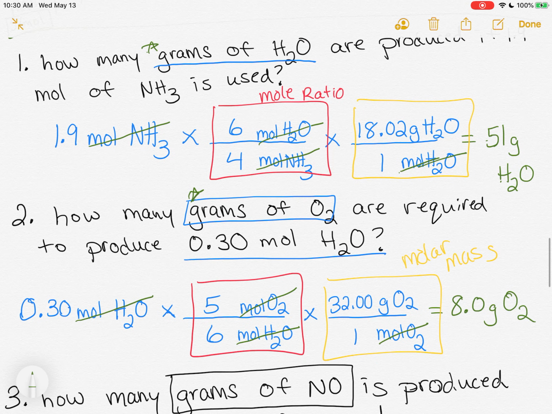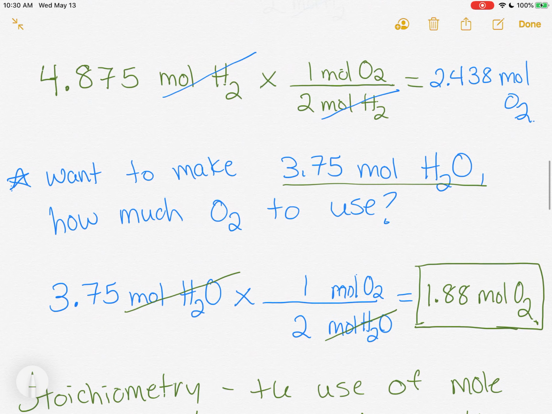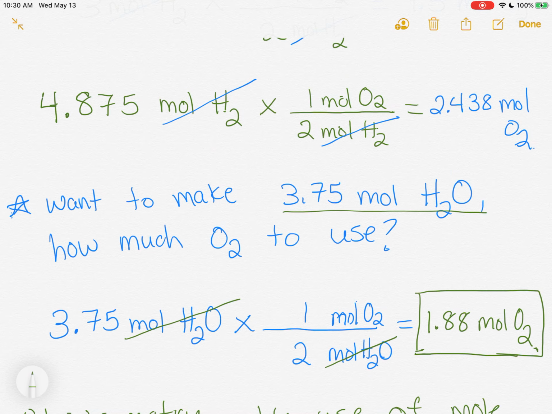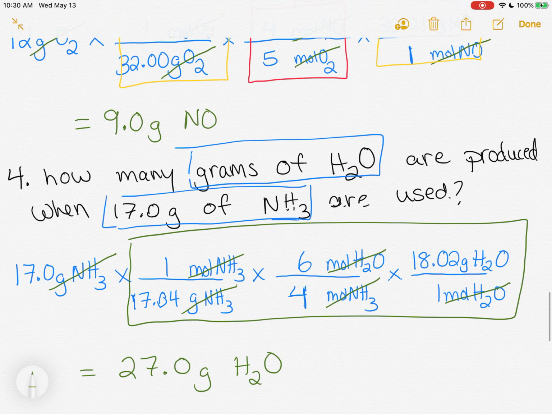Okay, so if we want moles to mass, then we would use just the 2 conversion factors like we did in question 1 or question 2. If we want moles to moles, we can go back and just use the 1 conversion factor. That mole ratio conversion factor will get us from moles of one substance to moles of a different substance. Okay, and so you can use 1 conversion factor depending on the units you're trying to convert between, or 2 conversion factors, or even 3 conversion factors.